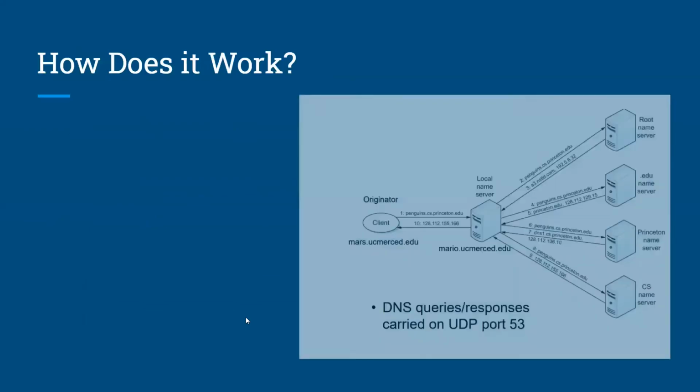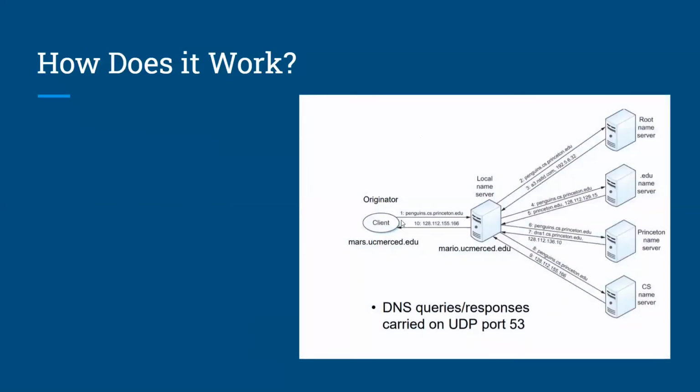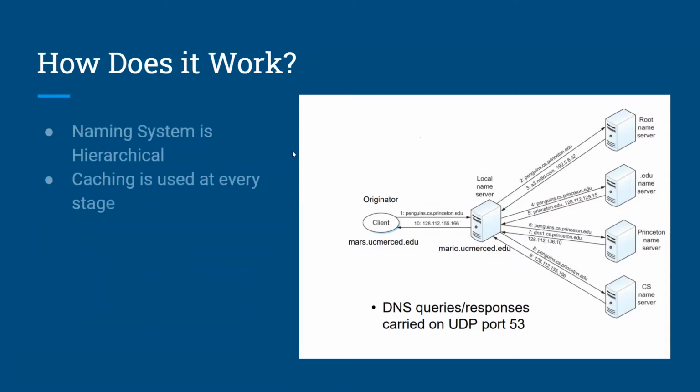So how does it work? Let's say I want to go to penguins.cs.princeton.edu. It first looks at the last part because the naming system is hierarchical. So it goes to the root name server, to talk to the edu name server right here.